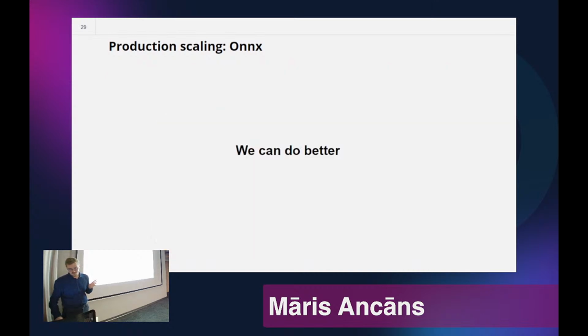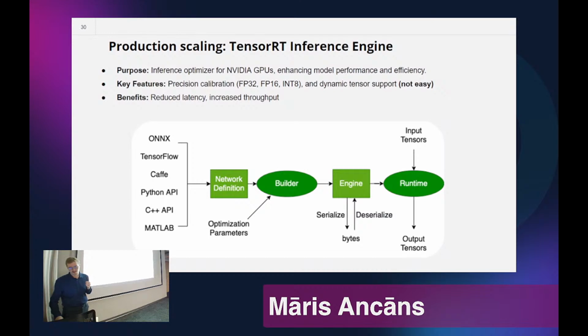Yeah. But this is not it. We can do better. Even this is too slow for us. So we try to optimize the model so that it works as close to the hardware as we can get. For that, we are using TensorRT. Basically, it's super optimized.